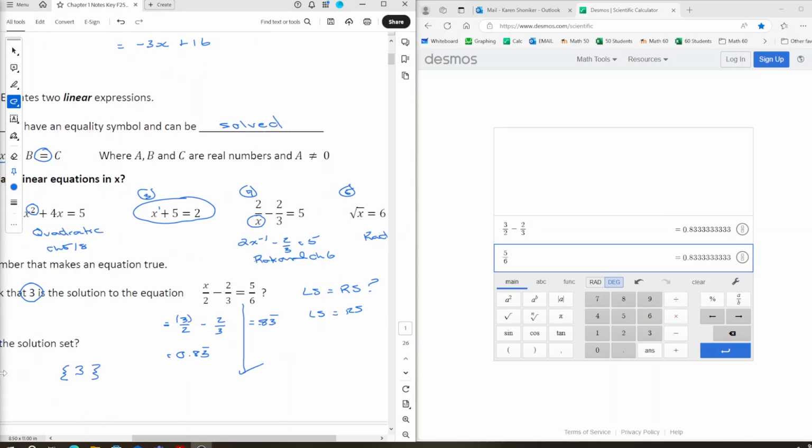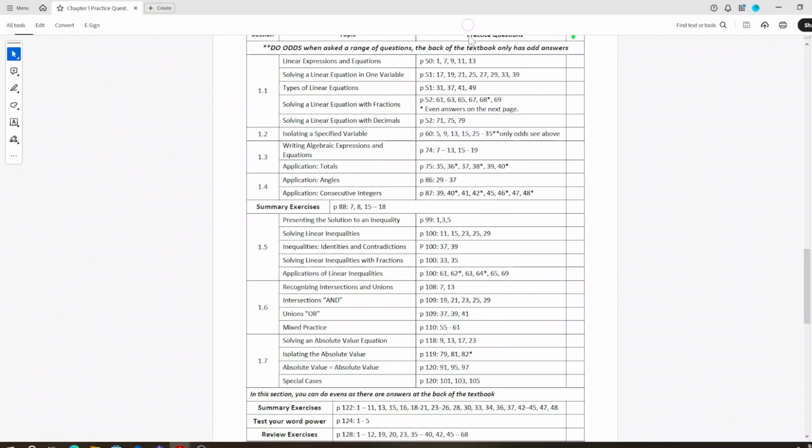So now what you're going to do is go to your blue package, your practice questions, and we just finished 1.1 linear expressions and equations, and you're going to practice just these 5 questions. Based on what I just taught you, you're going to practice just a few questions. When you feel confident with it, you can come back and watch the next video and do the next set of questions.